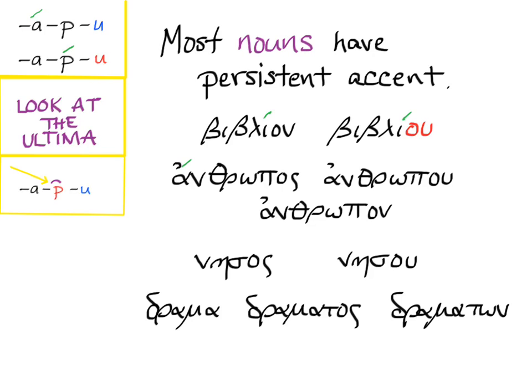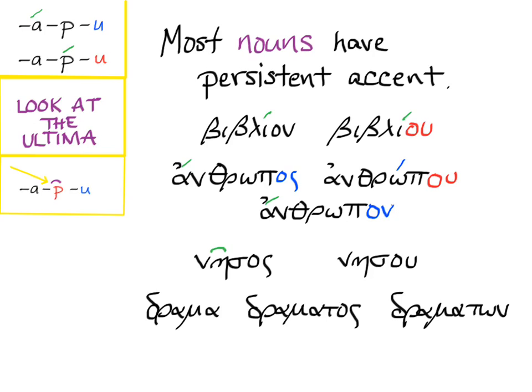With anthropos, man, as we saw, the acute on the antepenult, comfortable in this form with its short last syllable, has to move when the last syllable changes to long in anthropou, of a man. But in another form, anthropon, when the last syllable with that nice omicron becomes short again, its accent can move back to the alpha in the third to last syllable, which is where it really wants to be.